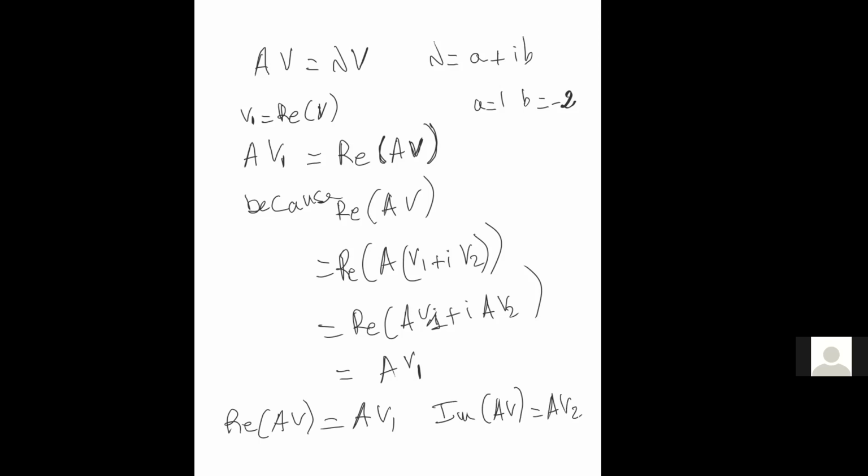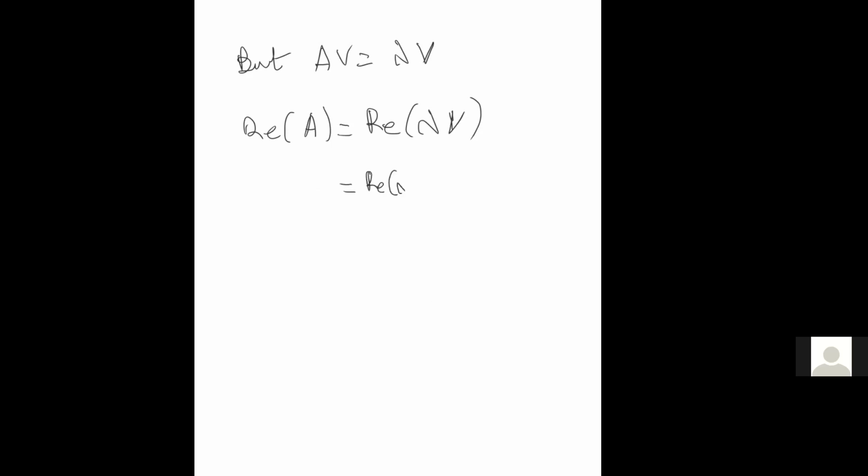But also, because AV equals lambda V, I can write that the real part of AV is the real part of lambda V. And this is like the complex multiplication: to get the real part, it is the real part of lambda times the real part of V minus the imaginary part of lambda times the imaginary part of V. It's like the product of two complex numbers.